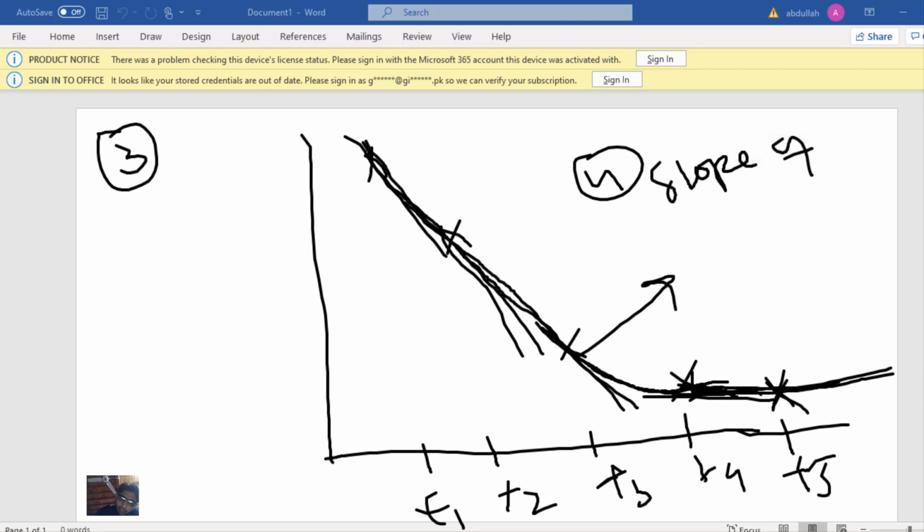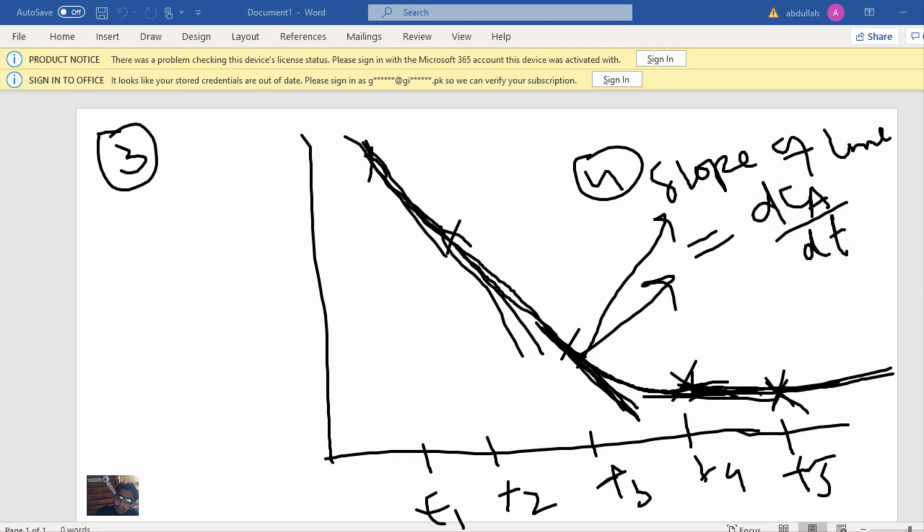Find the slope of this line. The slope of the tangent line is nothing but dCA by dt. Suppose at time t3, the slope of this tangent line was the rate.